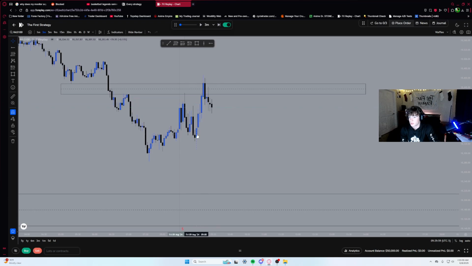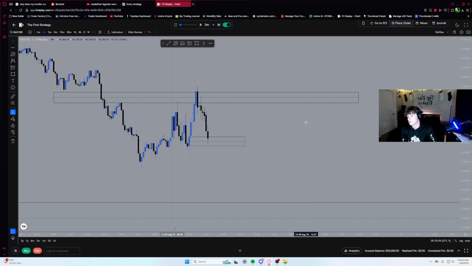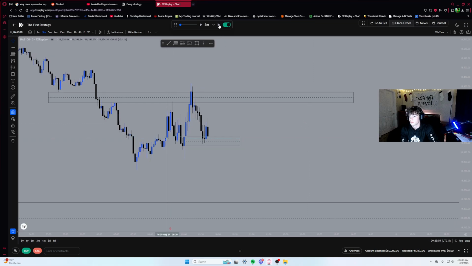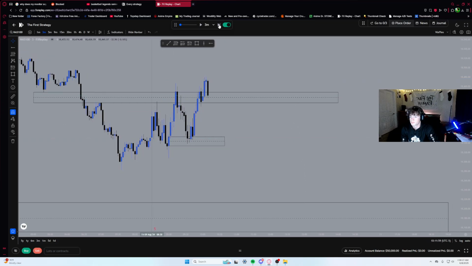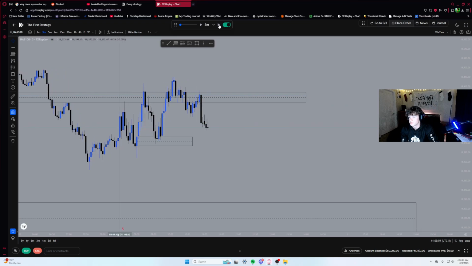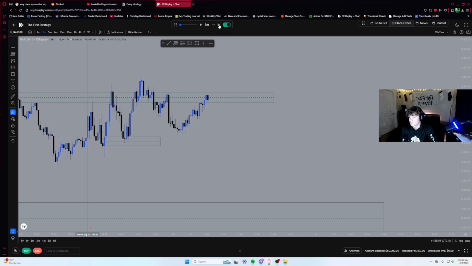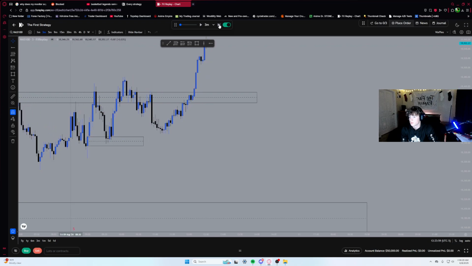Alright, we have a liquidity sweep on this candle. If it comes back down to here, I'll enter. Cool. Alright, is that OTE? We have no high time frame confluence. I want to enter this. That's crazy. Took profit.